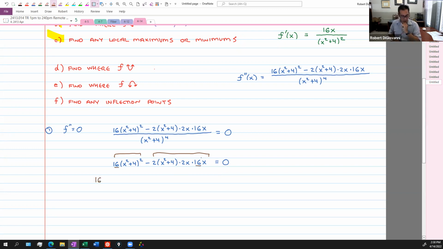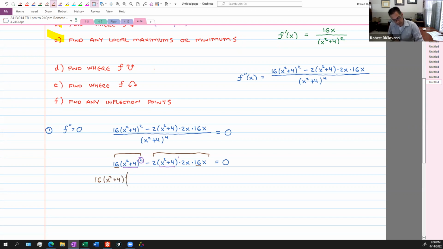I can pull that out. And they both also have at least one of these factors, x squared minus 4 or x squared plus 4. This one has 2 of them. This one has 1 of them. So I can pull one of them out. So I'm going to do that. I'm going to pull an x squared plus 4 out.